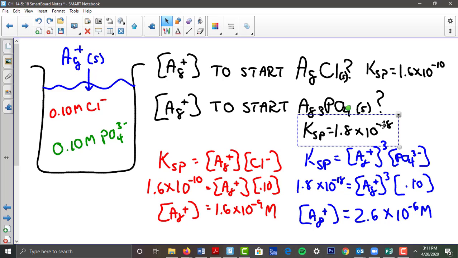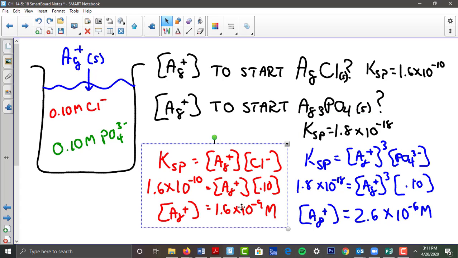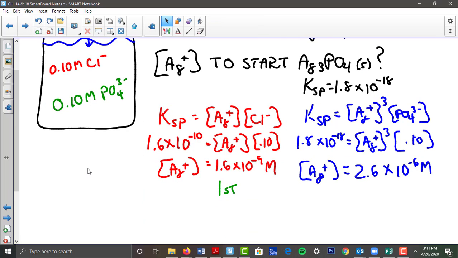But you've got to remember that for every silver phosphate, it takes 3 silvers to form the precipitate. It's a 3-to-1 ratio. So the reality is that this is going to form a precipitate first because it has a lower molarity necessary of silver ions. The silver phosphate would be second.